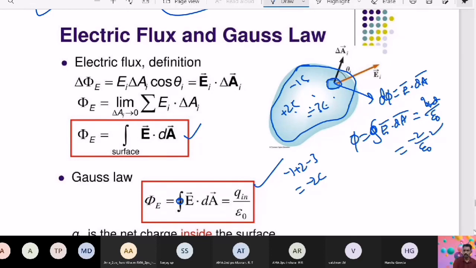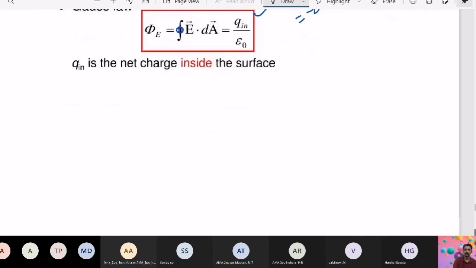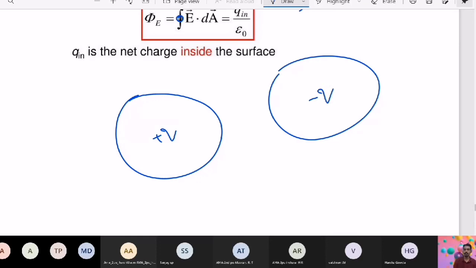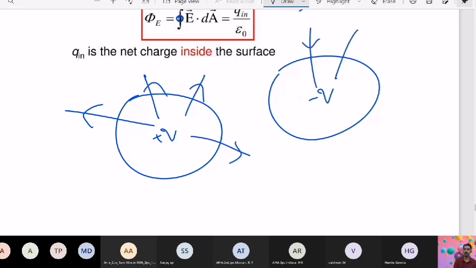Suppose, for example, there is a closed surface with a positive charge, and a closed surface with a negative charge. The field lines go away from the positive charge. For the negative charge, the field lines come towards it.